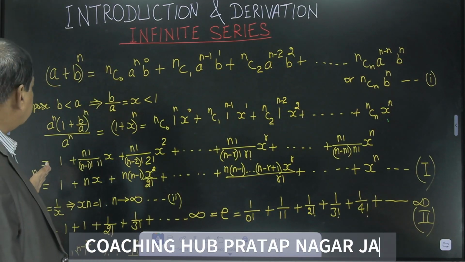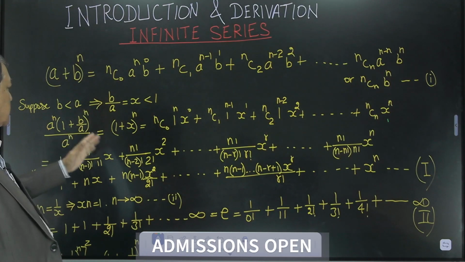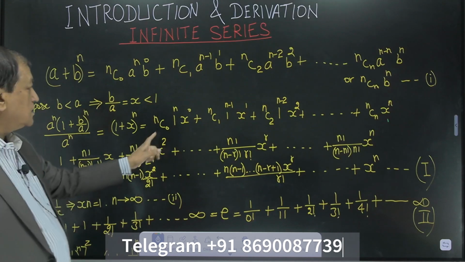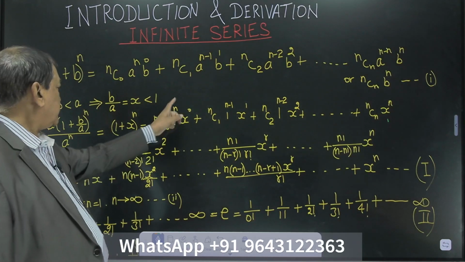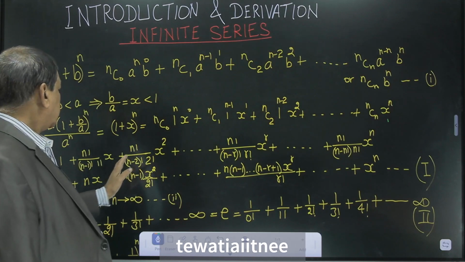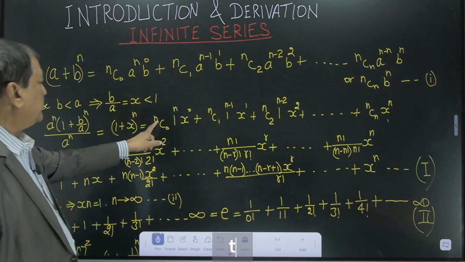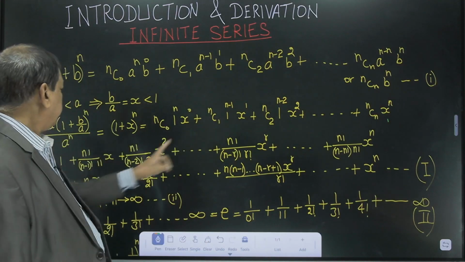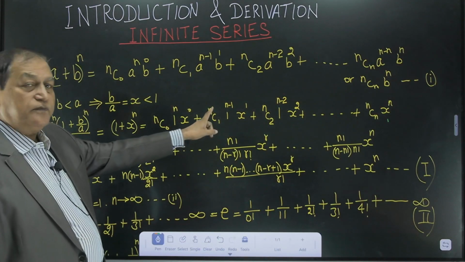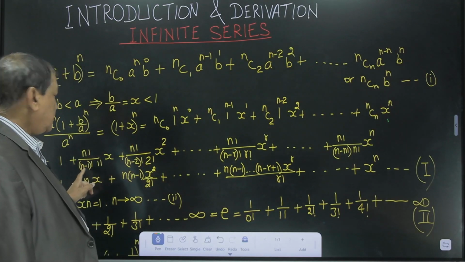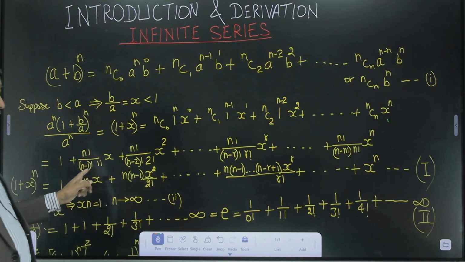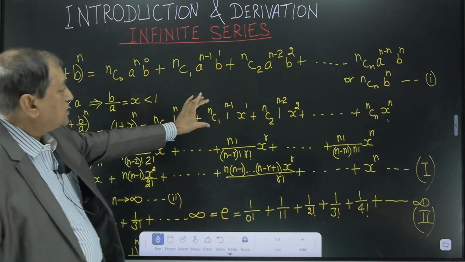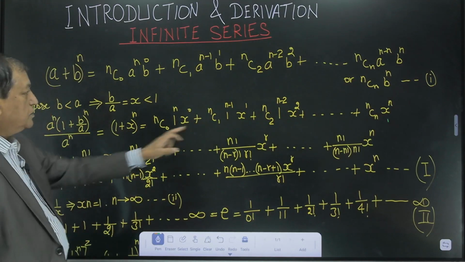So this becomes equal to 1, nC0 is 1, then 1 raised to power n is 1 only, and this is x. We are opening this nC1. So nC1 is n factorial divided by n minus 1 factorial into 1 factorial, into x.